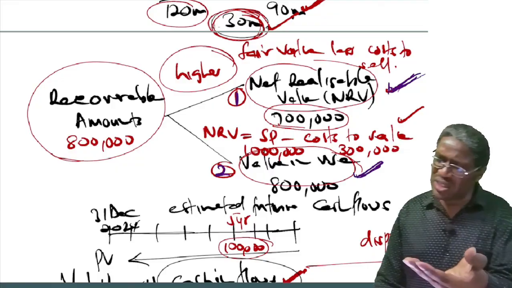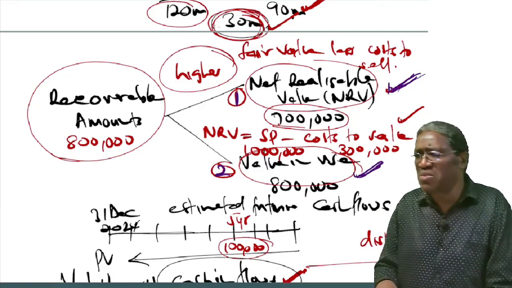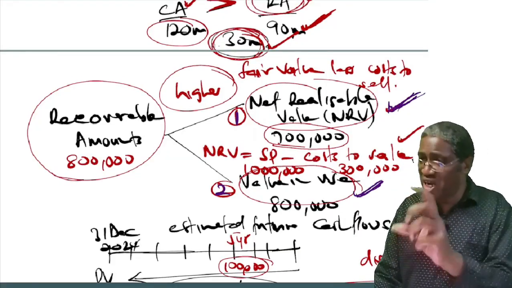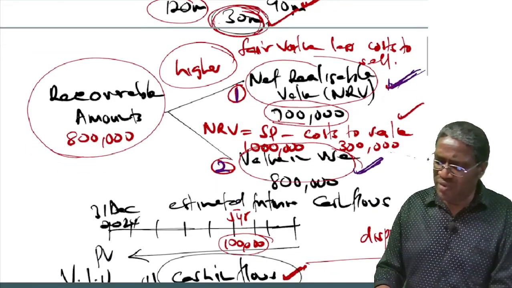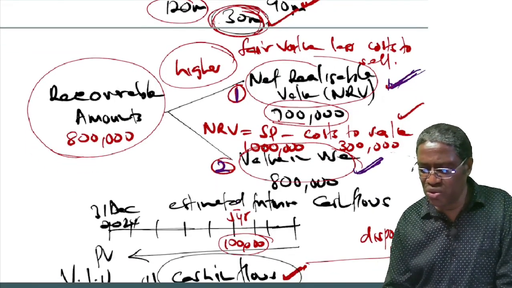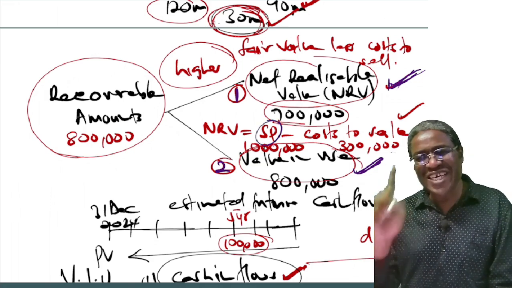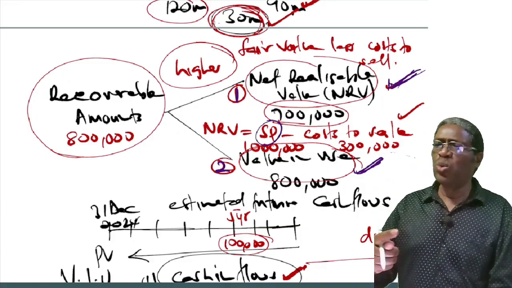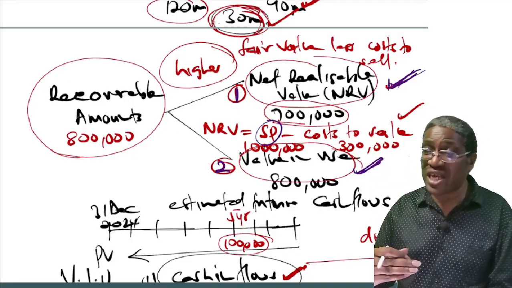After we discussed that, we asked ourselves, how do you calculate the net realizable value of an asset? To get the net realizable value of an asset, you take the selling price of that asset, which we were also saying is known as the fair value or the market value.